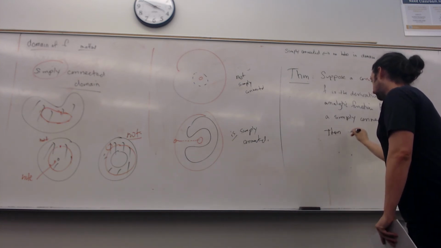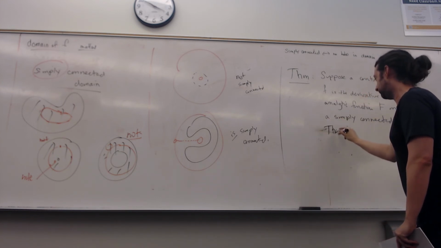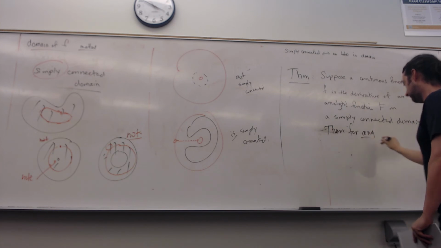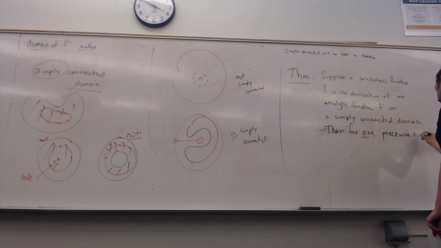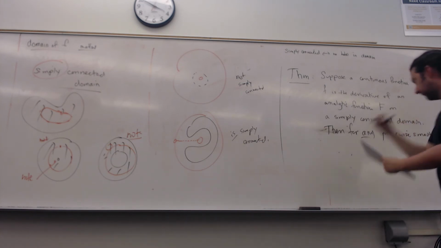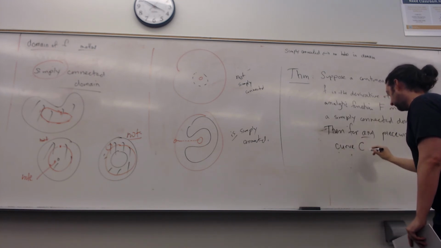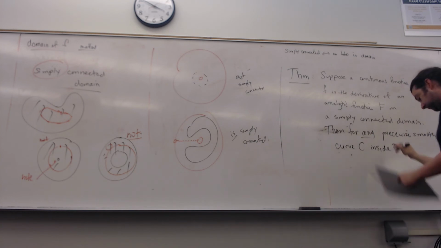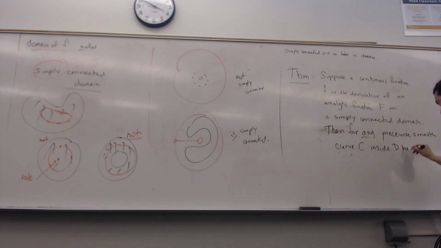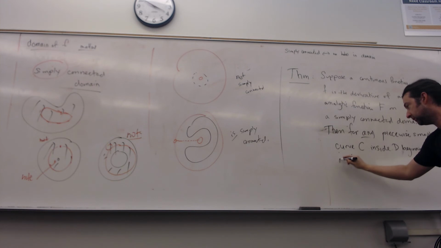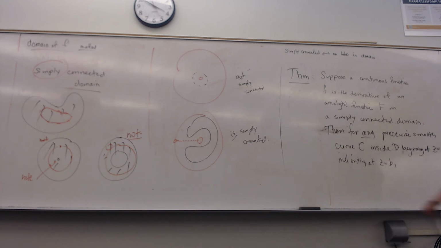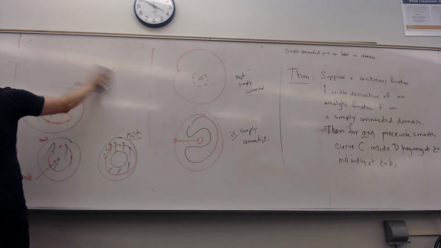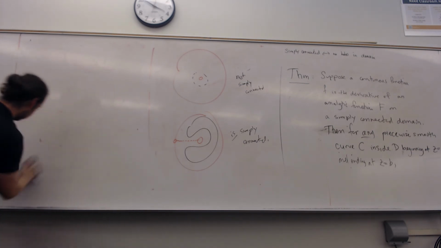Then for any piecewise smooth curve C inside D beginning at z equals A and ending at z equals B, and then I'm going to use the excellent pedagogical technique of splitting the theorem across two columns because that's as one does.